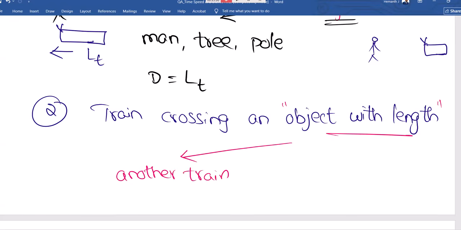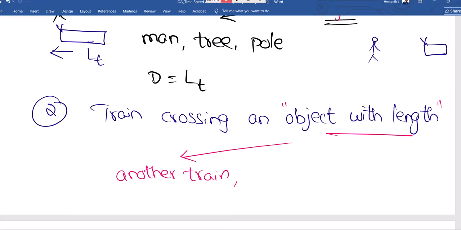By default, if they mention the train is moving, we should consider it moving, unless they mention stationary. By default, a man also should be considered a moving object unless they say the man is sitting, standing, something like that. So here the train is crossing a moving train, another moving train, or a stationary train also. The other train's length is not negligible compared to this train's length, so we should consider the length of that.